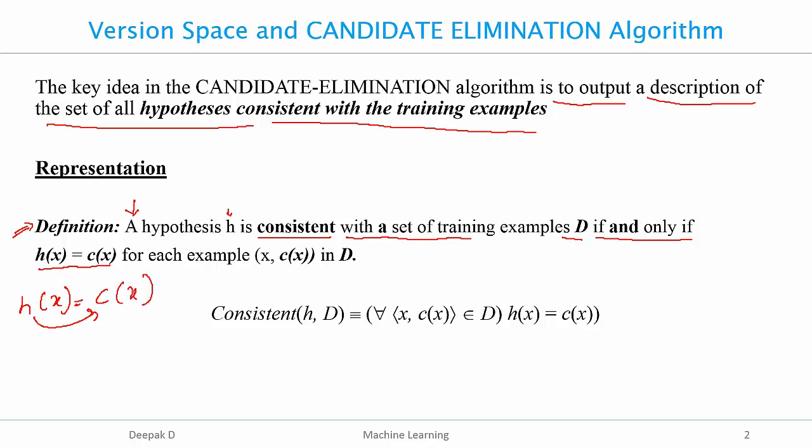It has to classify positive instances as positive and negative instances as negative. If h(x) is equal to c(x), then we say that your hypothesis is consistent with D, and this is how we represent it with the notation.